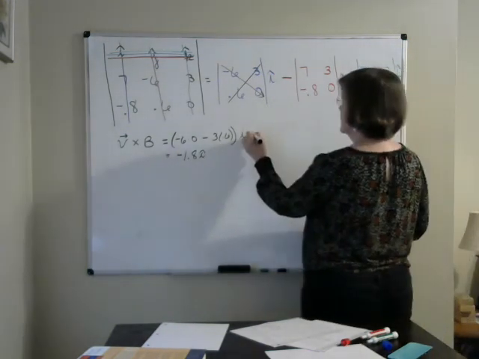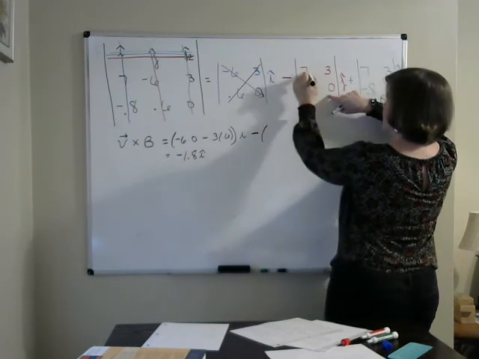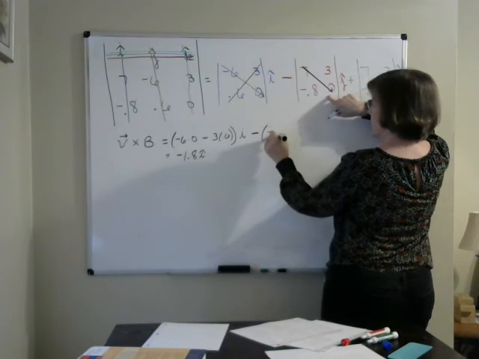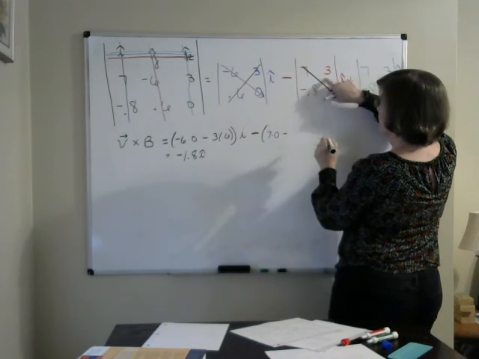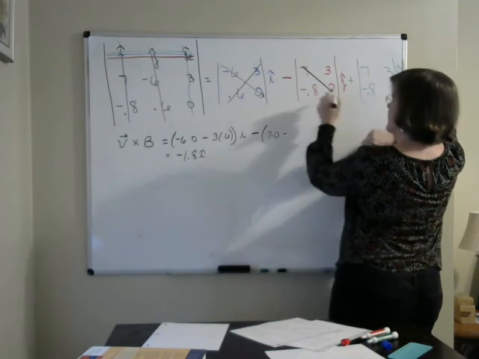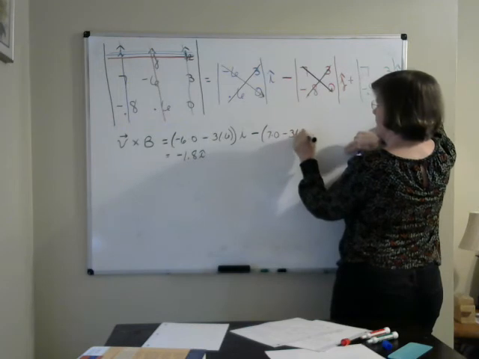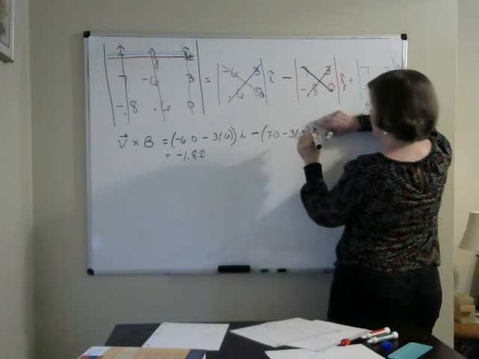Minus, because this is a minus, I'm now going to do this determinant. It's going to be 7 times 0 minus negative 0.8 times 3, or 3 times negative 0.8. That's in the J direction.